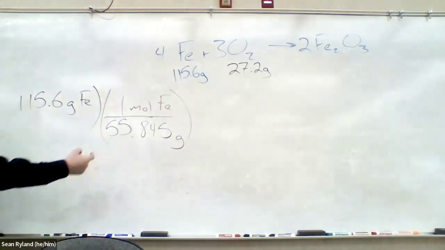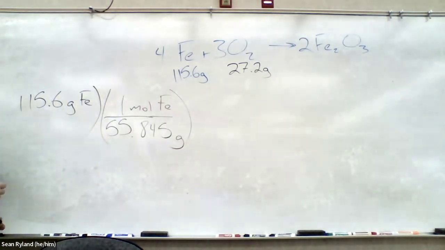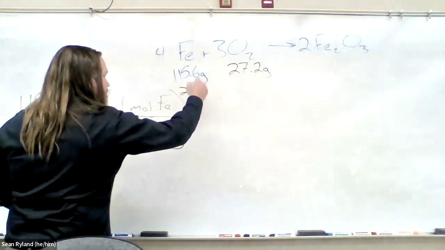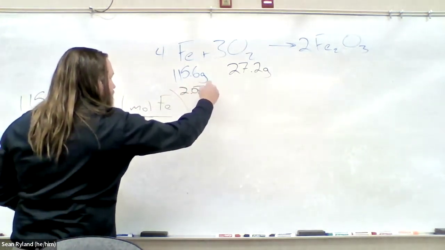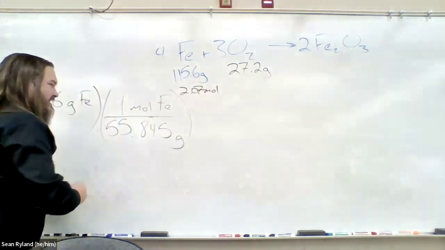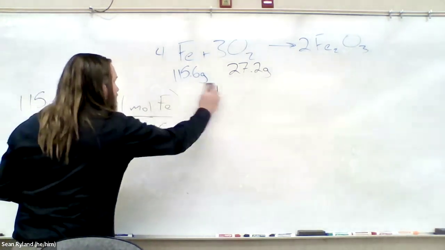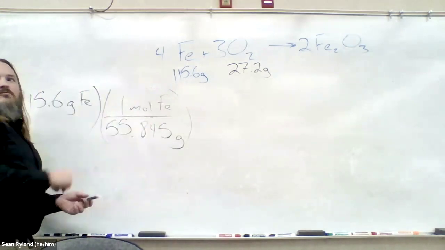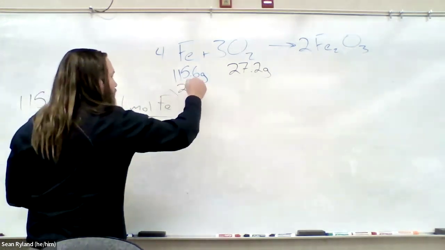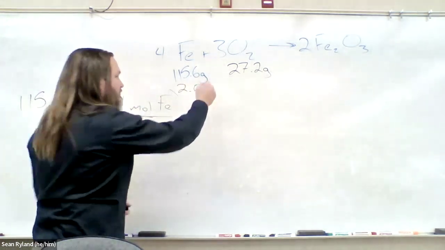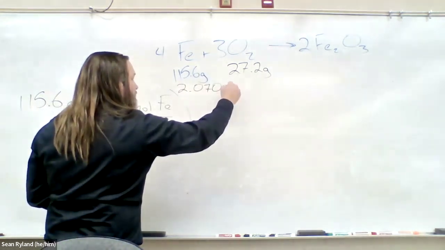So 115 divided by 55 is going to be 2.0 something. How many sig figs are we going to want to keep though? 4, right? So 2.07. Perfect.